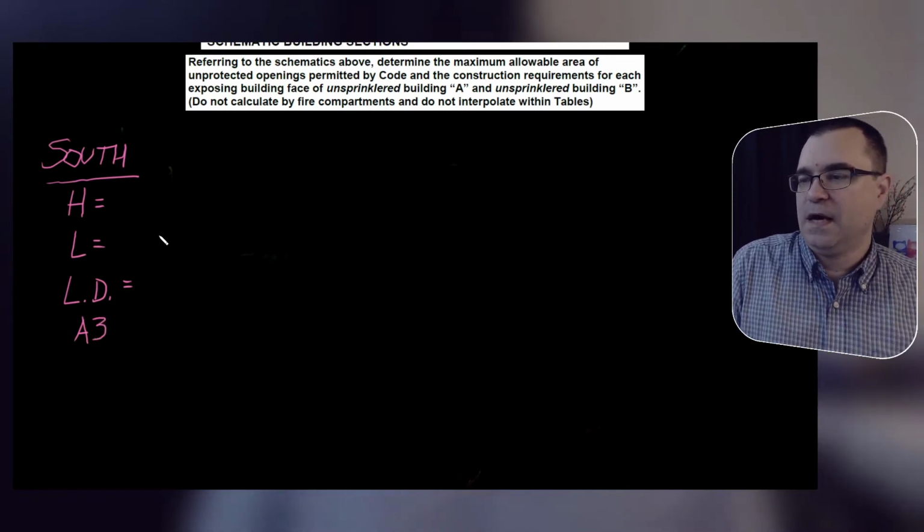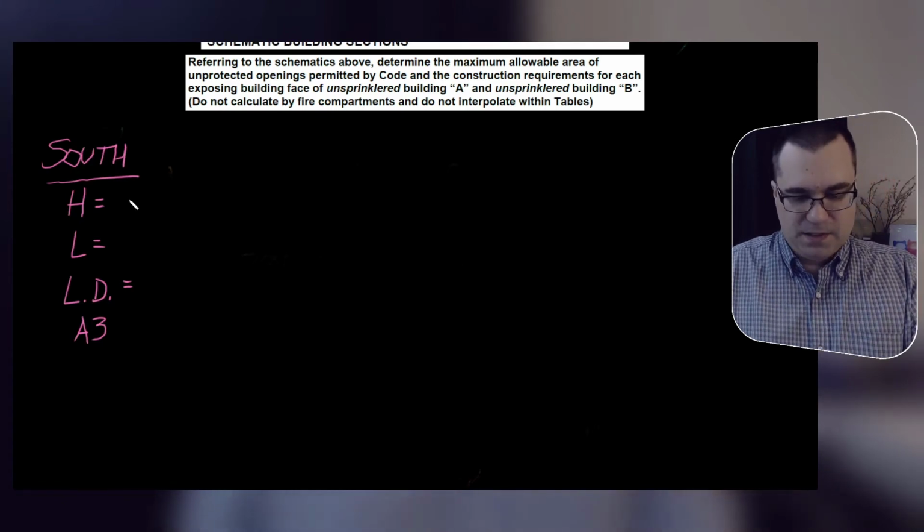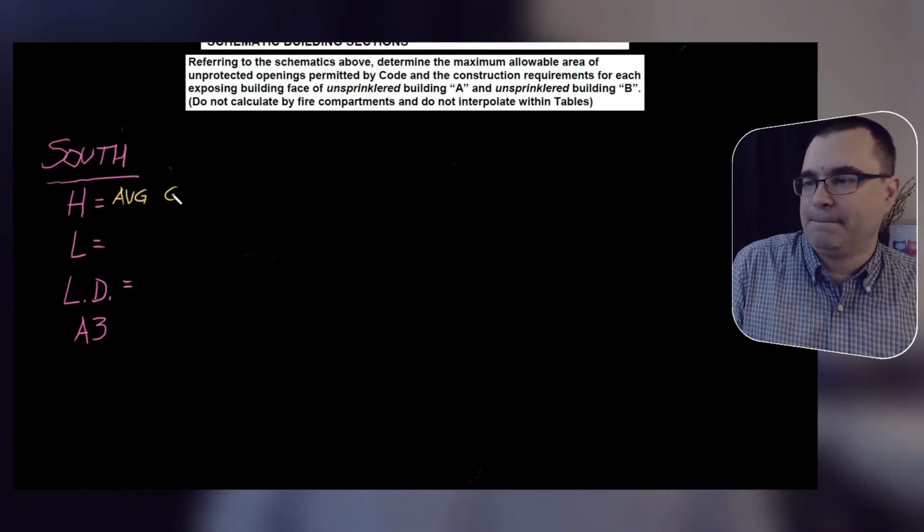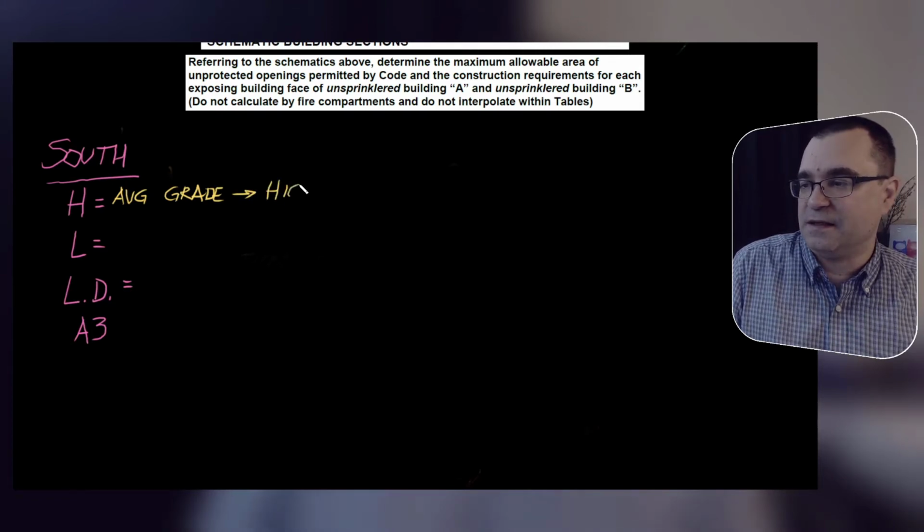All right. So the vertical dimension of the south face, don't forget, is from average grade. That's the average ground level of the south face, all the way to the highest ceiling elevation of the south face.